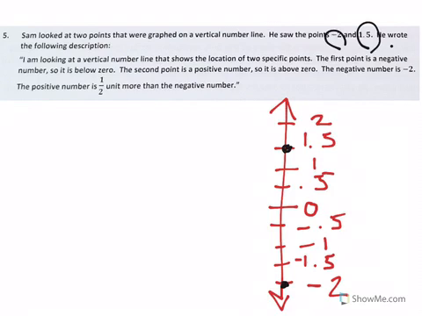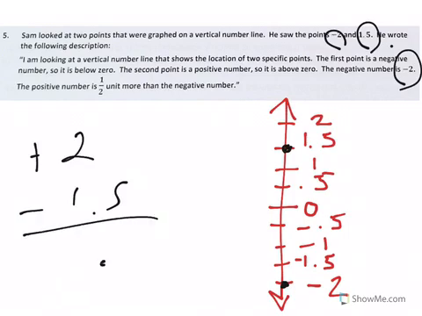He has the numbers correct, but what he's doing is saying -2 and 1.5, right? You have -2 and you have 1.5. He's saying, well, if this was positive and you subtracted, yeah, you'd end up with 0.5, which is a half unit. But here's the deal. That is not positive, it's negative.